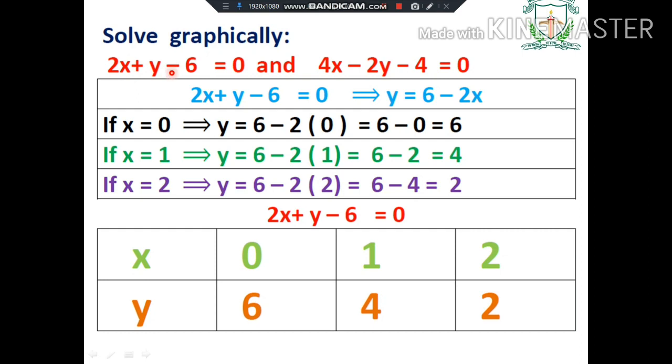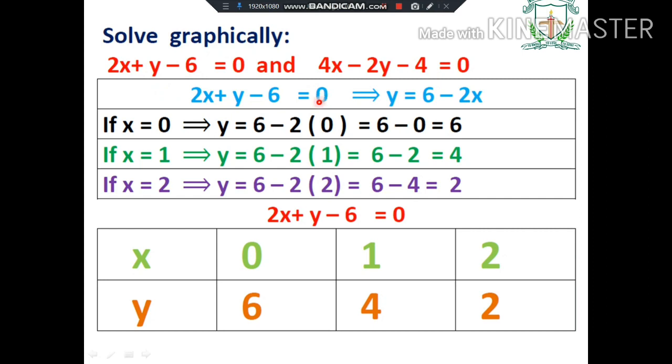2x plus y minus 6 is equal to 0, first equation, and second equation 4x minus 2y minus 4 is equal to 0. Dear children, now we shall consider the first equation. First equation is 2x plus y minus 6 is equal to 0.